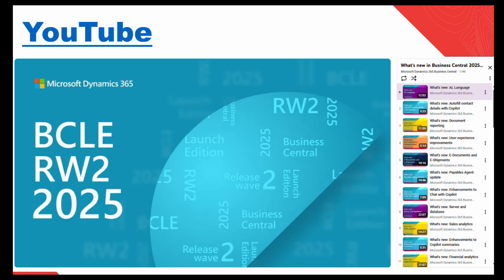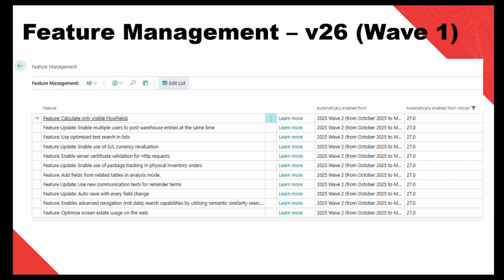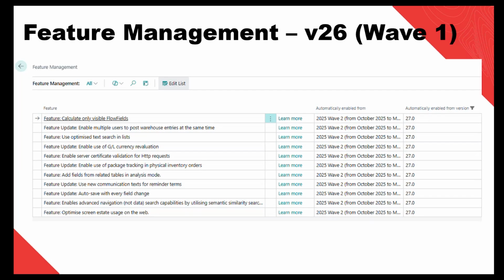Before we go to the next version, I always have a look in the feature management of the current version 26, Wave 1. I'm interested to see what gets enabled automatically when we upgrade to version 27, when I filter on that. Some of those features will not be automatically enabled and will be pushed out.